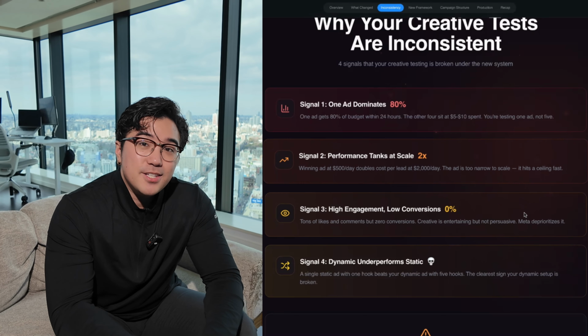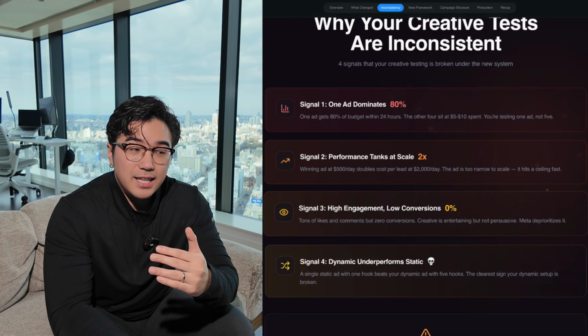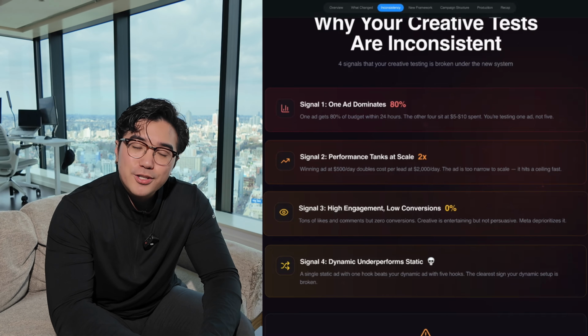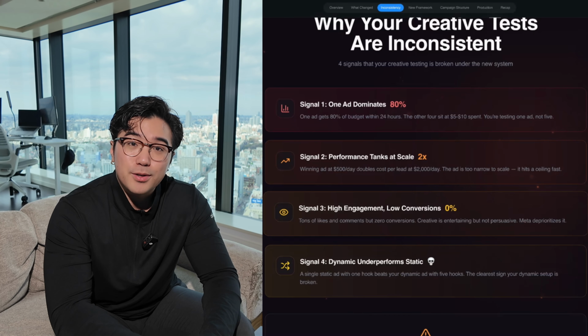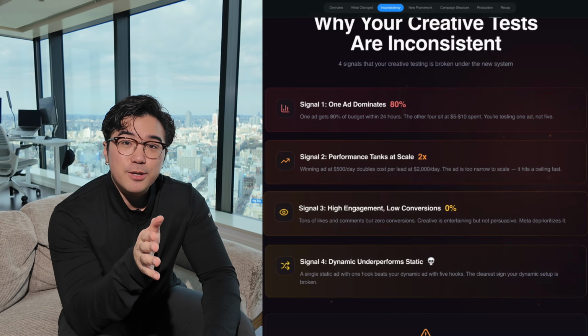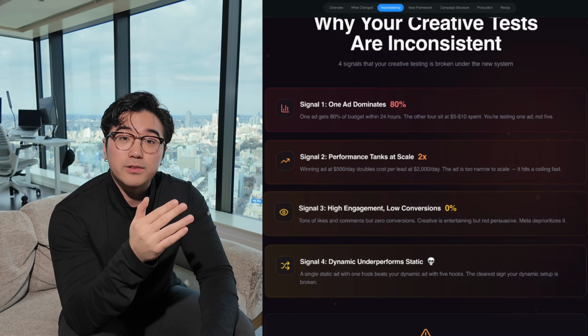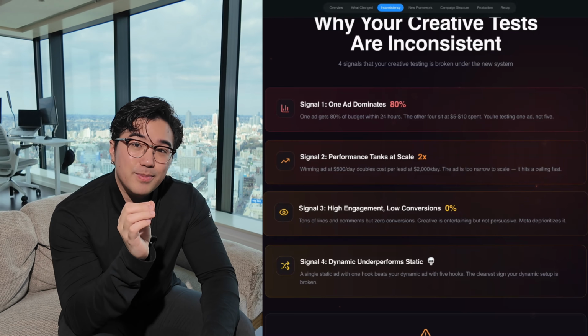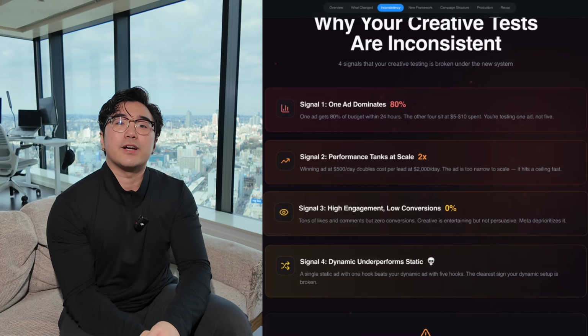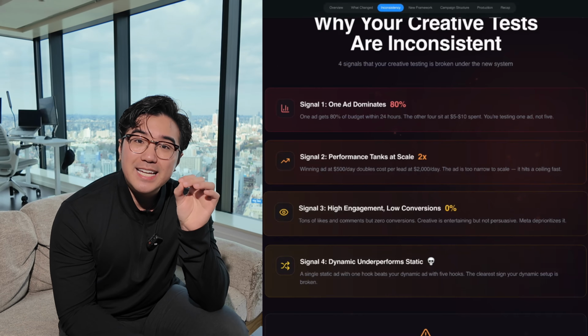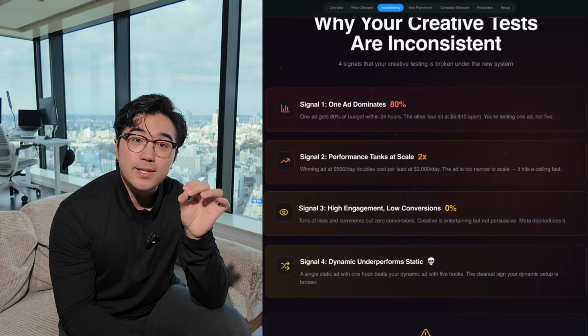Third signal, your ads are getting tons of engagement, likes, comments, but conversions are bad. This is a classic signal that your creative is entertaining, but not persuasive. People are engaging because the content is interesting or relatable, but they're not taking action because there's no clear path to value. And under Meta's new creative testing system, engagement doesn't carry the same weight it used to.